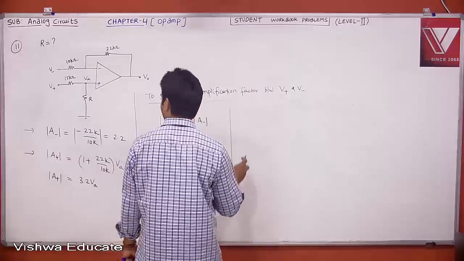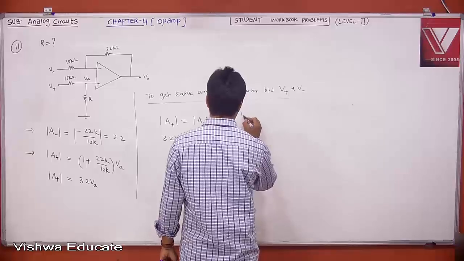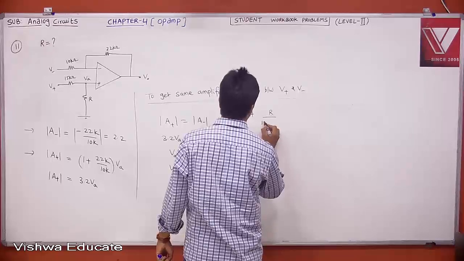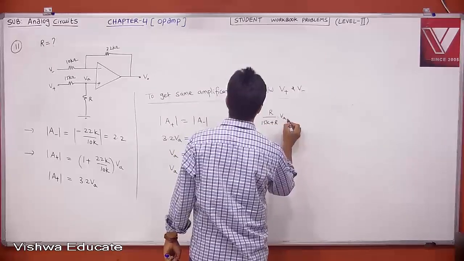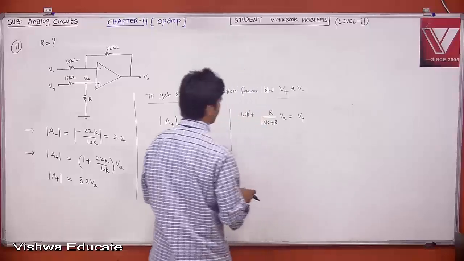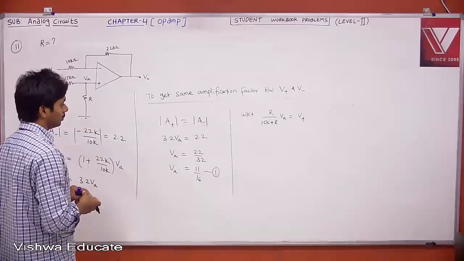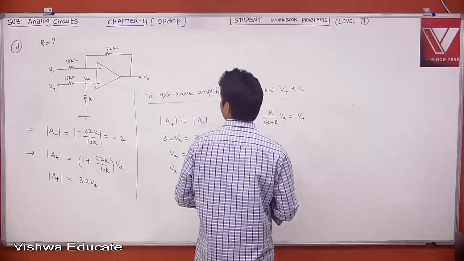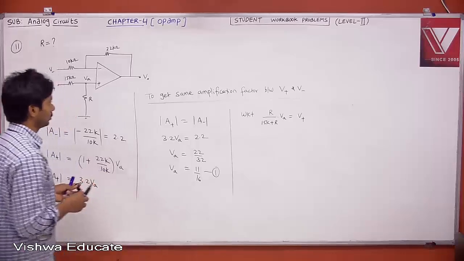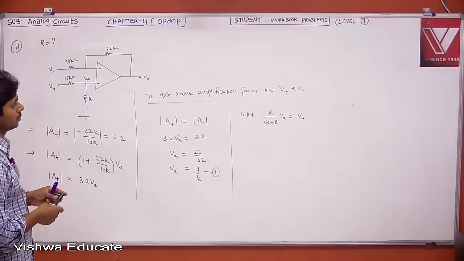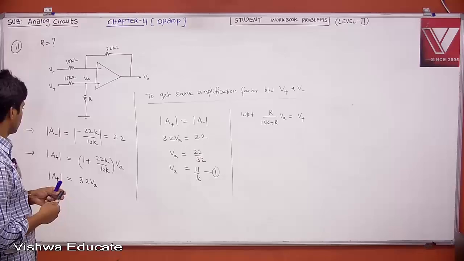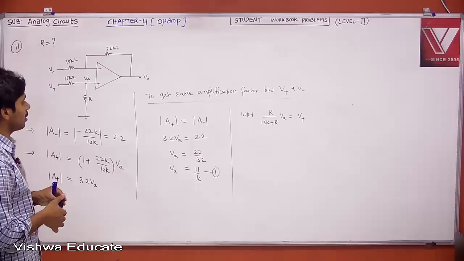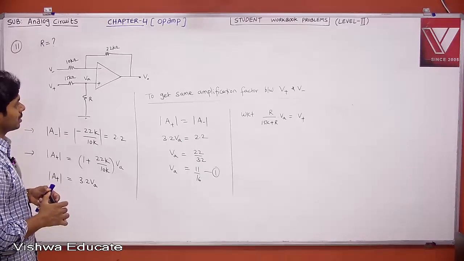Now, find VA. We know that VA is R divided by 15K plus R into V plus. Now substitute VA equal to 11 by 16, then you will get V plus.